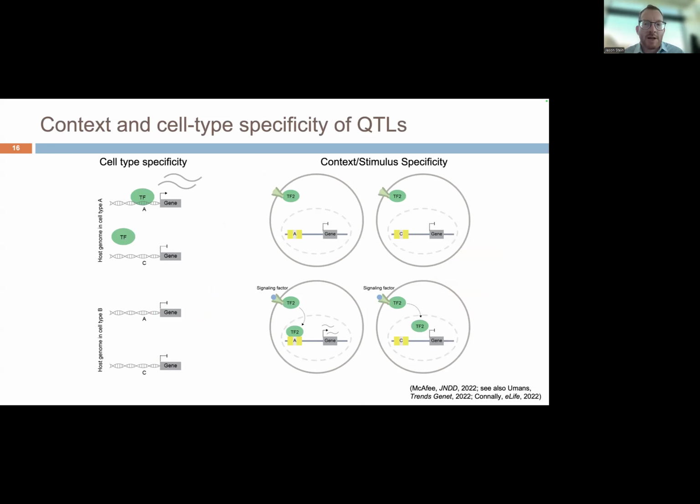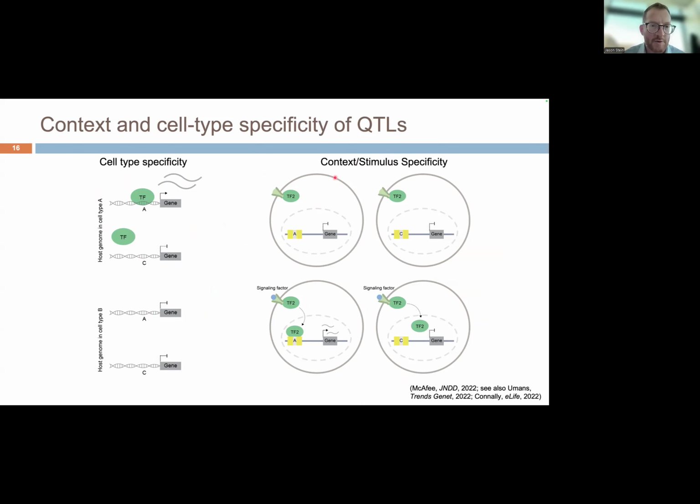So, despite the genetic variants being constant across all cells in the body of an individual, the variants may exert their function only in certain cell types or cell states, meaning that QTLs can have both cell type and context specificity. Cell type specificity may be driven by transcription factors that are only expressed in some cells but not other cells, leading to differences in allelic effects only in some cells.